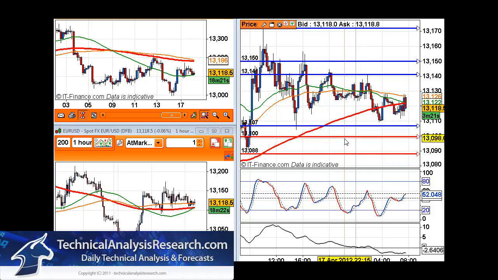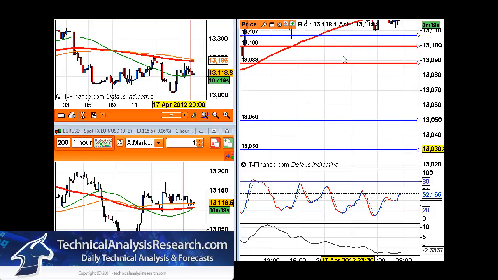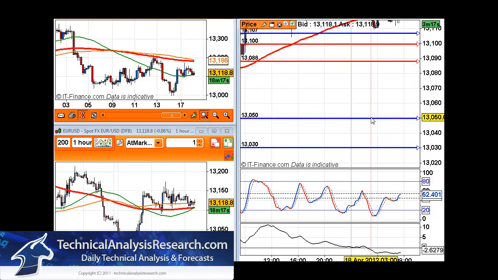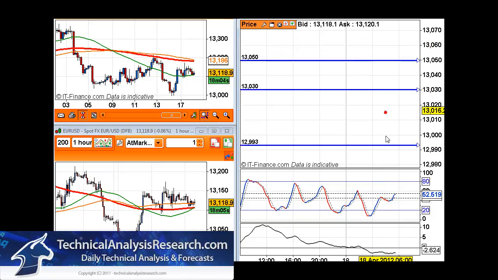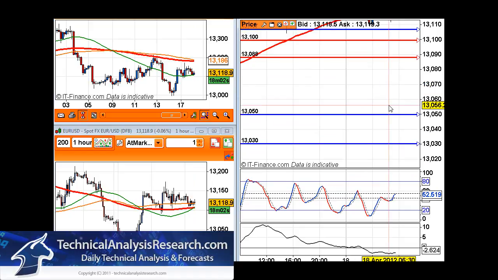If we get that signal, then our targets will be the 130.50 as the first target, and the second target would be the 130.30, and we would probably hold on to see if we could reach the actual 129.93. But again, as I said yesterday, always trail your stop when you're in a position.